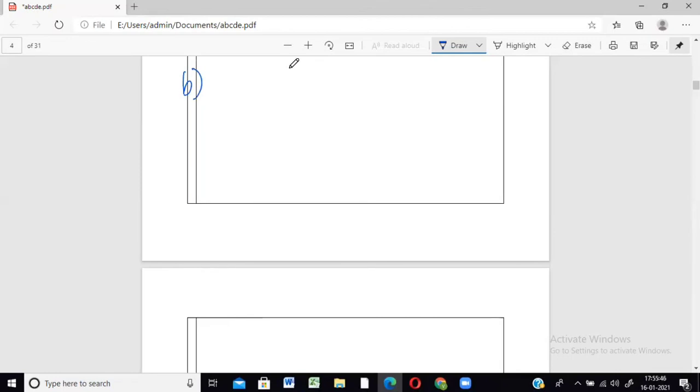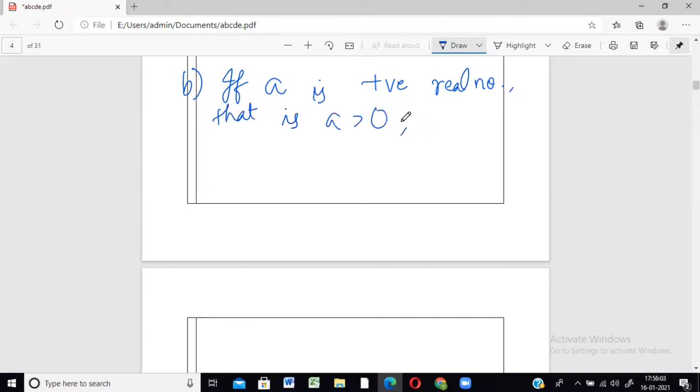Now the next result is, this is result B. That was result A, and you had two sub criteria. If A is a positive real number, that is A is greater than 0, then you have a few results to remember.